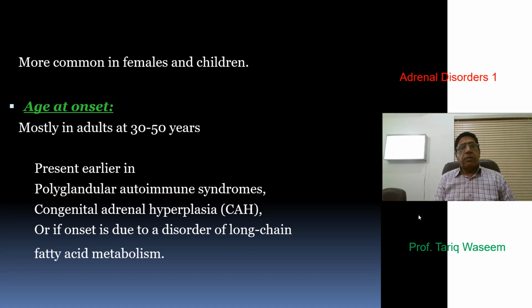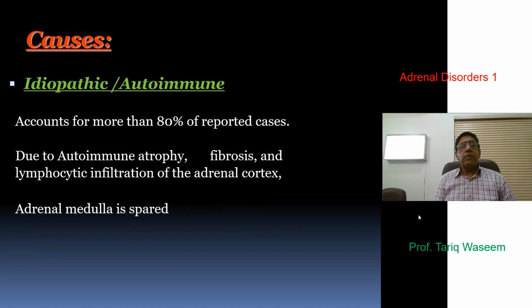Sometimes it can be a long chain fatty acid disease because the primary substrate for the synthesis of these adrenal hormones is cholesterol. So a fat metabolism disorder may also present with this. The causes are mostly idiopathic or autoimmune.